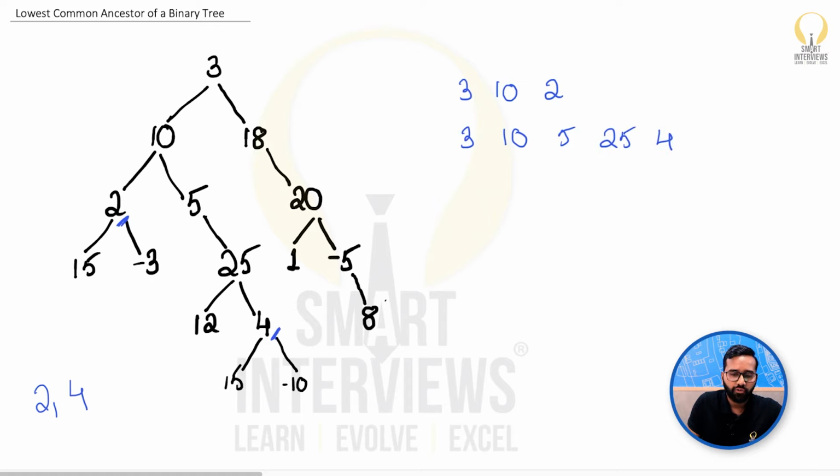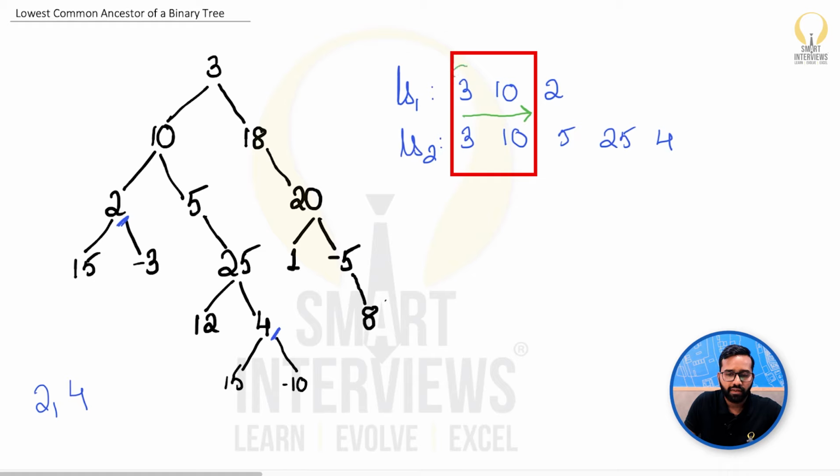If you can somehow store these nodes in two different lists, say list 1 and list 2, after you are done with that, you can simply iterate on the lists and find the common ancestors. So if you observe these two lists, the common ancestors are 3 and 10, and out of them, as per the problem statement, we should be printing the lowest common ancestor.